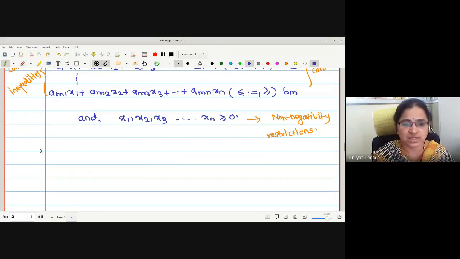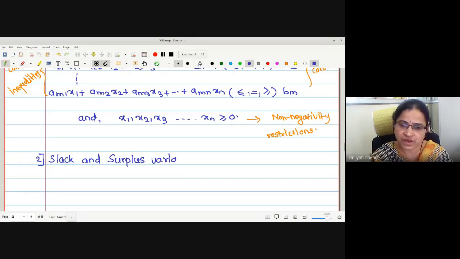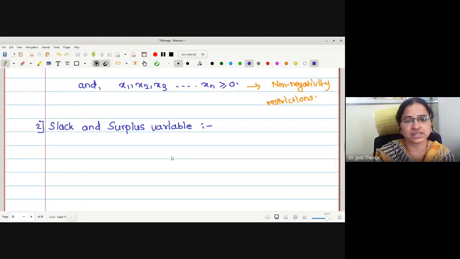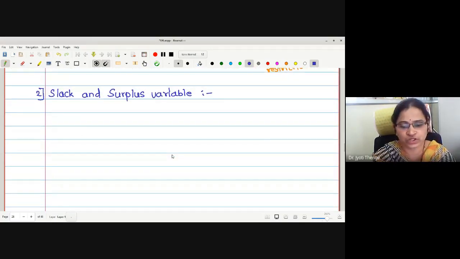This is point number 2. Today we will cover slack and surplus variables. We were adding a non-negative variable to convert a less than or equal to inequality to an equation.